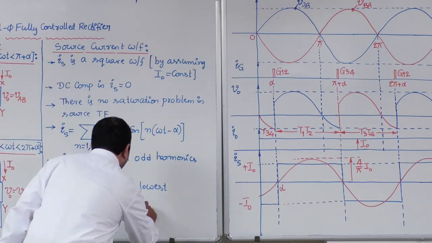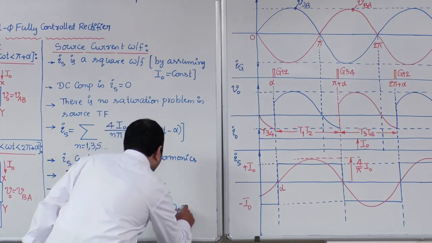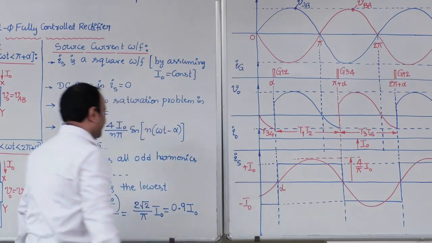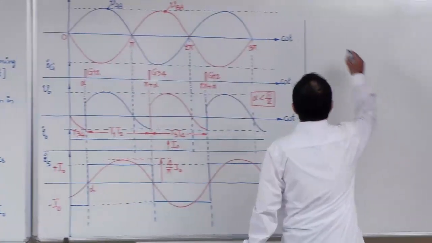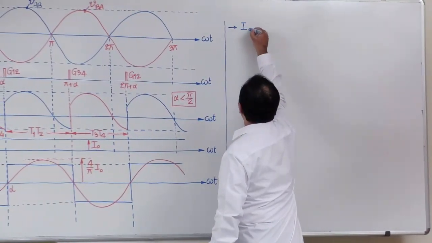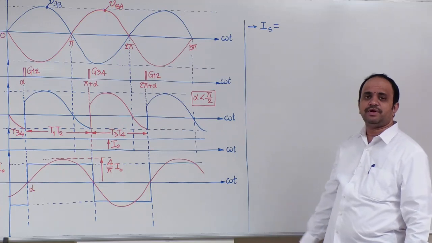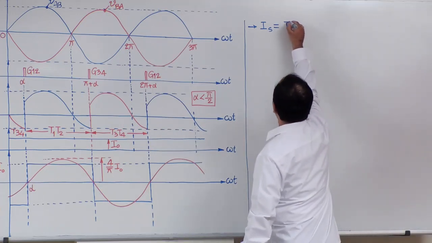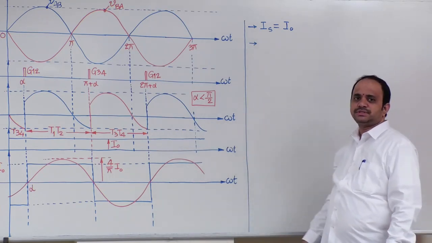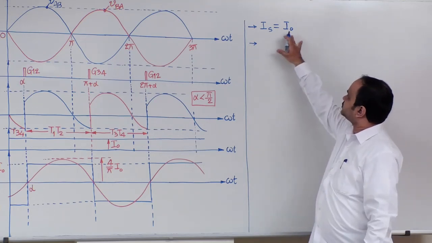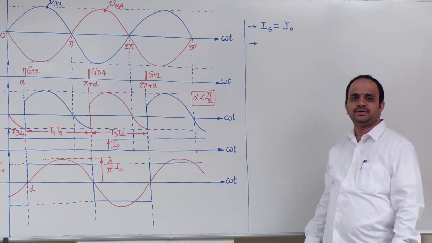Then it can be expressed as 2 root 2 by pi into I naught, where the numerical value of 2 root 2 by pi is 0.9. Next, let us write down the RMS value of source current. In the basics lectures, we discussed that for a square waveform, RMS value is equal to magnitude. We can use all of those conclusions in the converter analysis. So RMS value of source current is equal to I naught. RMS value of fundamental source current is equal to 0.9 into I naught.